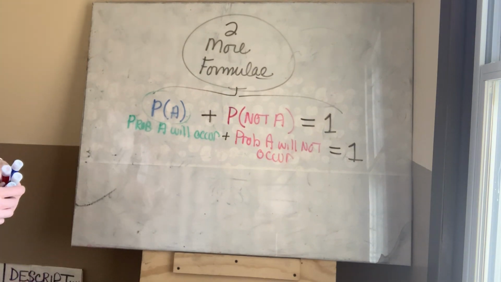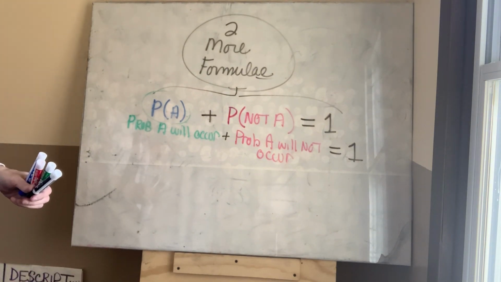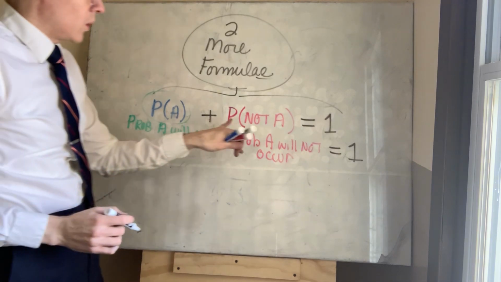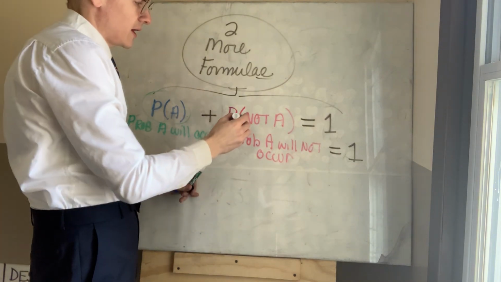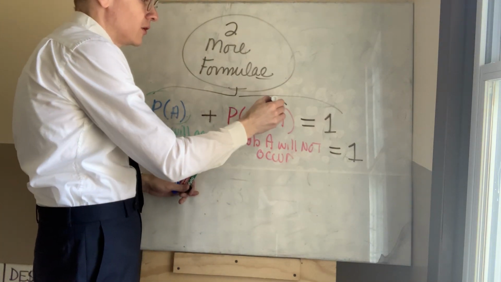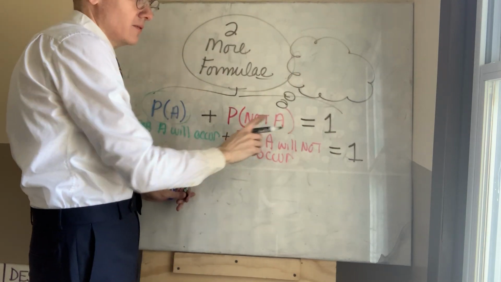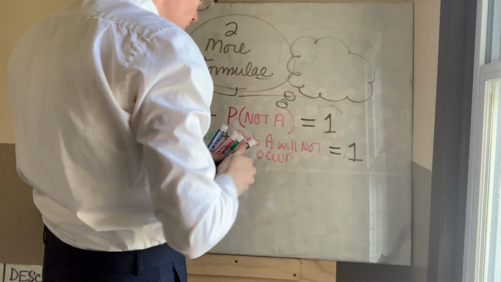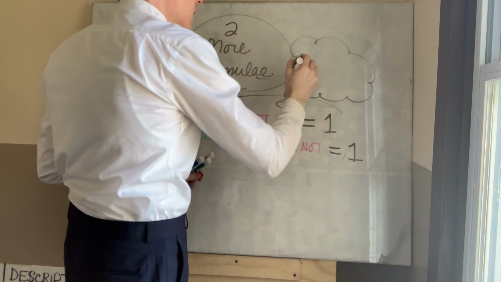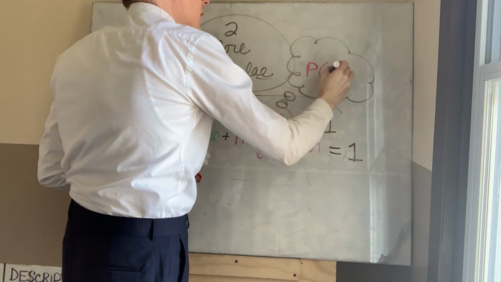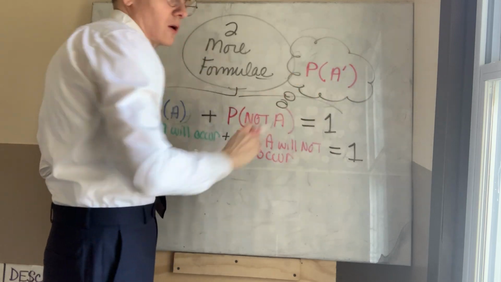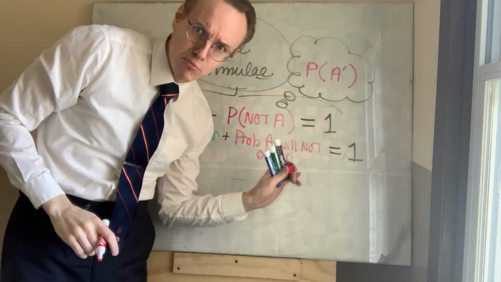In other textbooks, they use a different symbol. And so if it just comes up, what they might do instead of actually writing the word not, is they will put a little tick mark next to the letter, A prime.